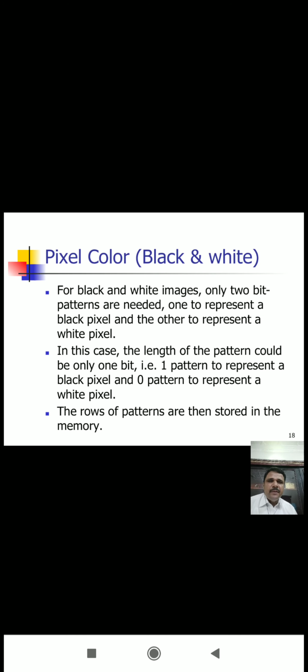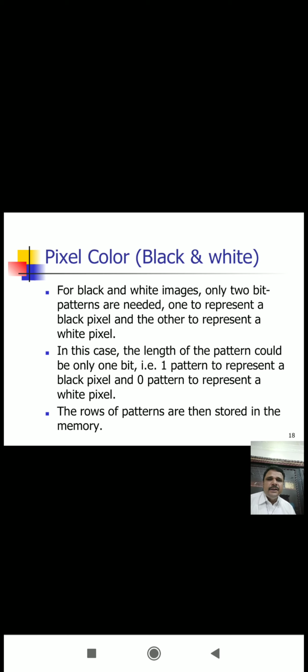Now images can be either black and white images, grayscale images, or colored images. Firstly, let us see black and white images. For black and white images, only 2 bit patterns are needed, one to represent a black pixel and the other to represent a white pixel.